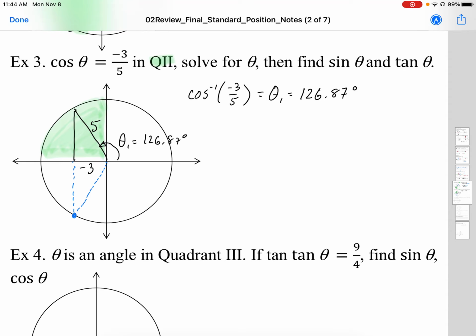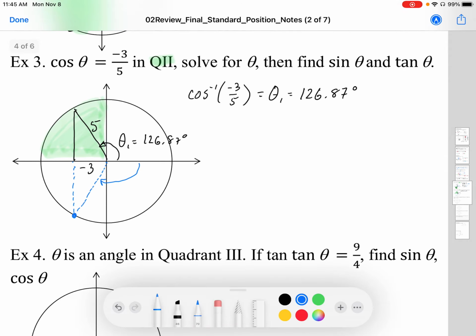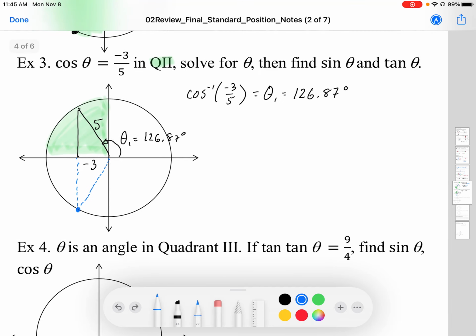Theta 2 happens to be about 233 degrees or something like that. We can find that by starting at 360 and going backwards the theta 1 angle that we found, or 360 minus theta 1. That's the formula for theta 2 when we're talking about the cosine angle.